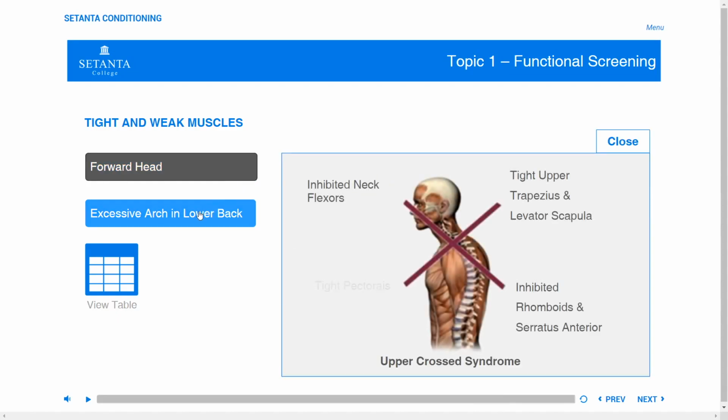A roundedness of the shoulders is demonstrated here and may also be termed a C posture. Overdevelopment of the chest, frontal shoulder, and upper trapezius muscles. This is combined with weakened and overstretched mid to upper back and neck muscles. This condition is also referred to as upper crossed syndrome.